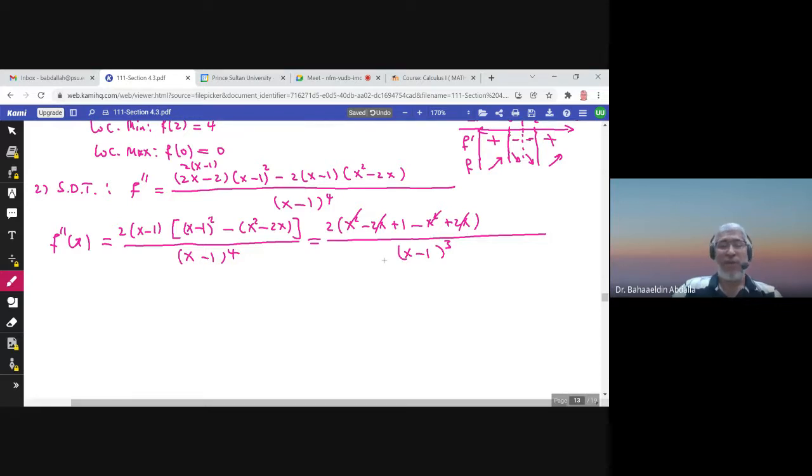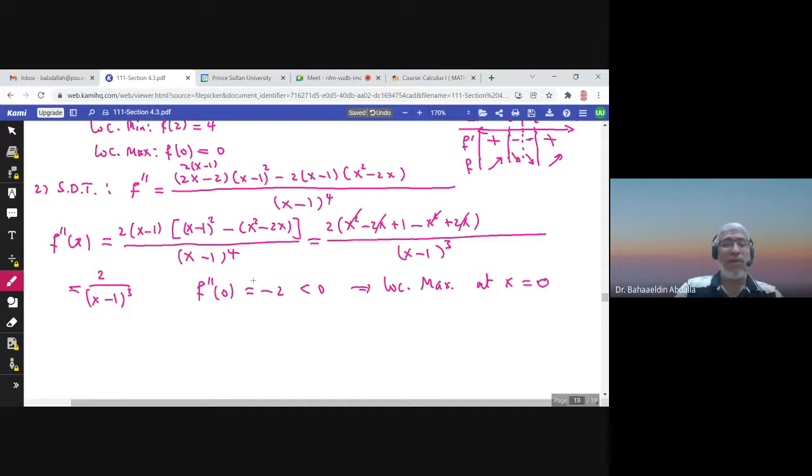So f double prime is just 2 over x minus 1 to the power 3. And now I can find f double prime at 0 easily. In fact, negative 1 to the power 3 is negative 1, so it's negative 2, less than 0. So I must have a local maximum at x equals 0.